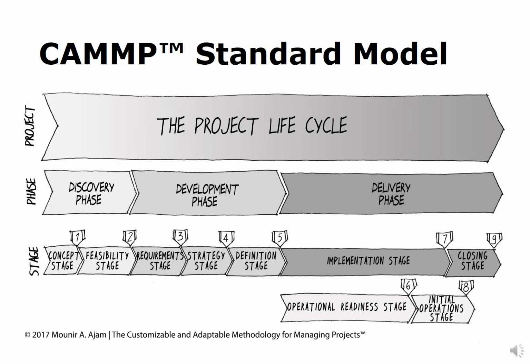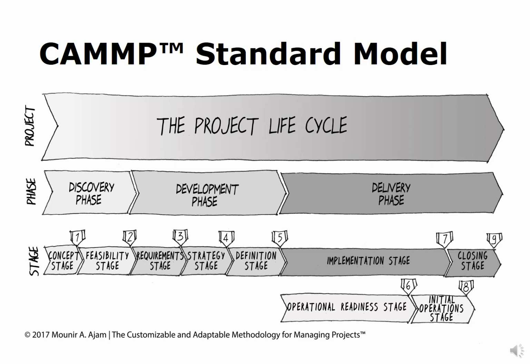You have probably seen this picture before, and this is the standard model. And when we say the standard model, that doesn't mean this is a fixed model. This is not something set in stone. As you can tell probably from the name, this is a customizable and adaptable methodology for managing projects, which means the standard model is only a starting point that you can use to tailor, to customize, to adopt a methodology or a method to fit the type of project you work on, that would be fit for purpose.